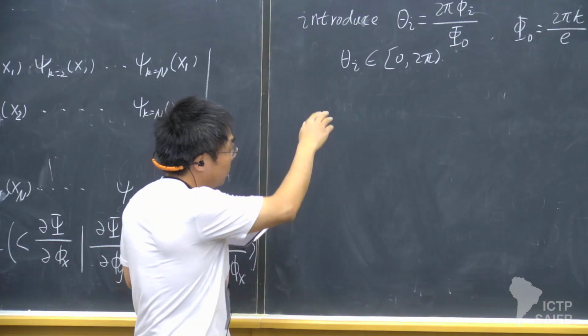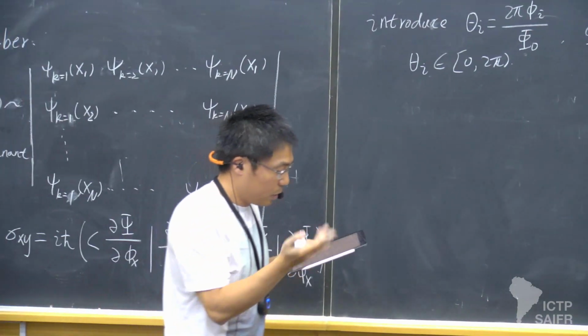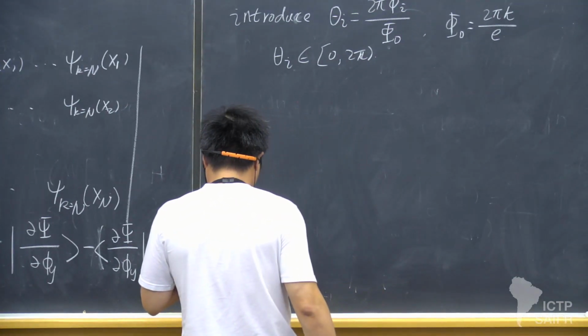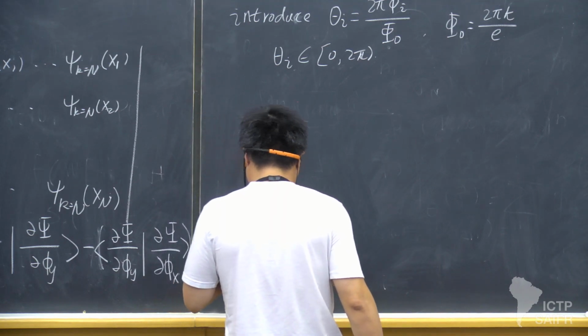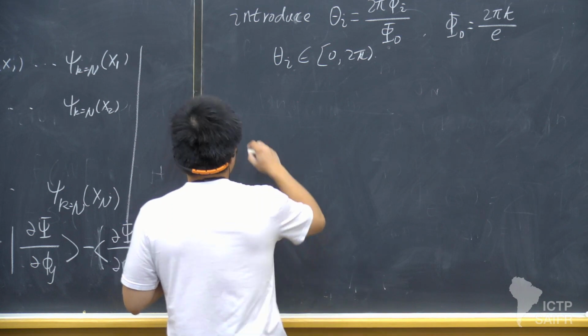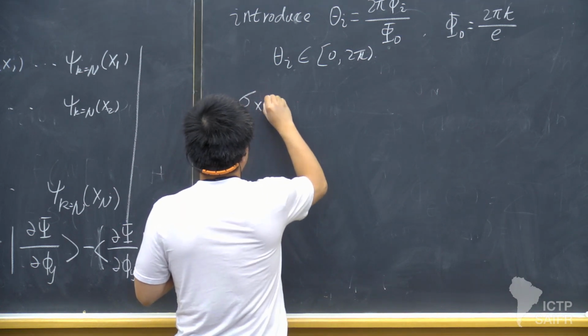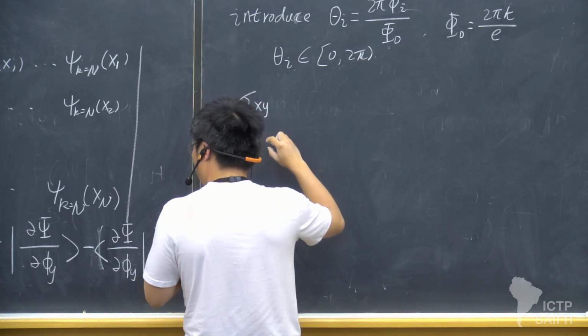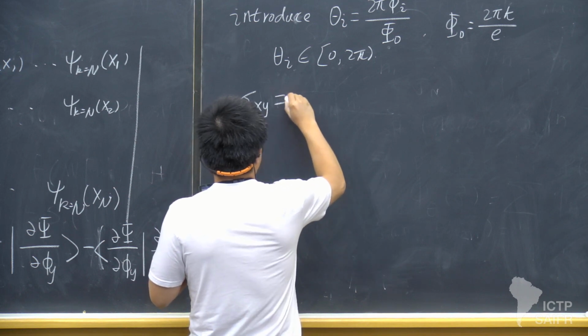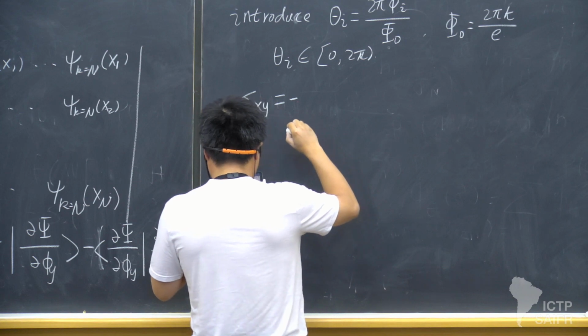That's why I want to introduce theta, because I want to make the problem look simpler. Okay, and then what you will have is this whole conductivity. I think it becomes minus. Let me see.